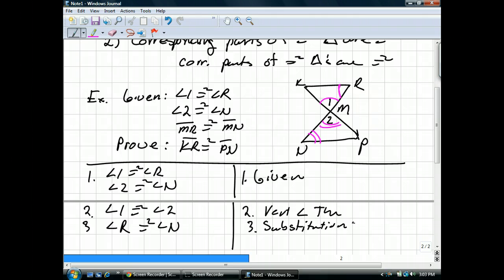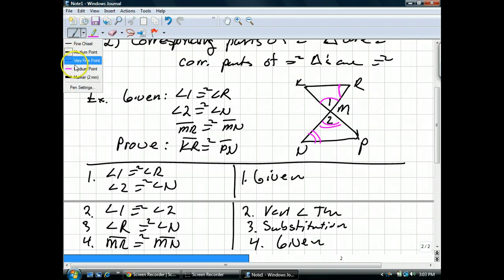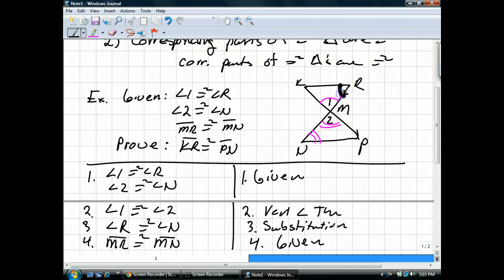Okay? And I also know from my given that segment MR is congruent to segment MN, because that was given. So here's what I have now. I have this angle congruent to this angle.